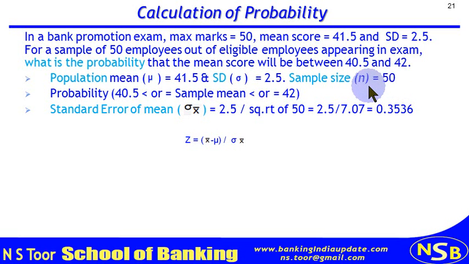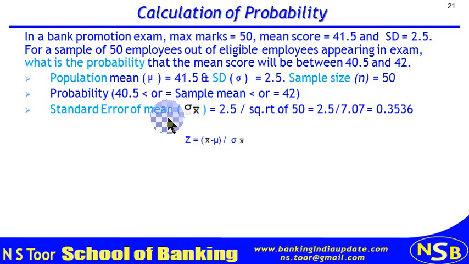In this case, we have the sample size larger than 30. And when sample size is larger than 30, then according to central limit theorem, the distribution is assumed to be normal. And when distribution is normal, then calculation can be made with Z formulation. And for Z formulation, what do we need? We need the standard error of mean.